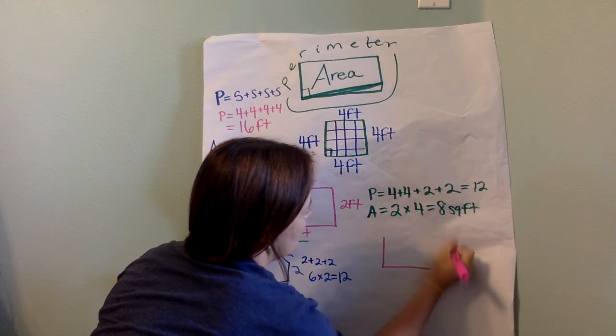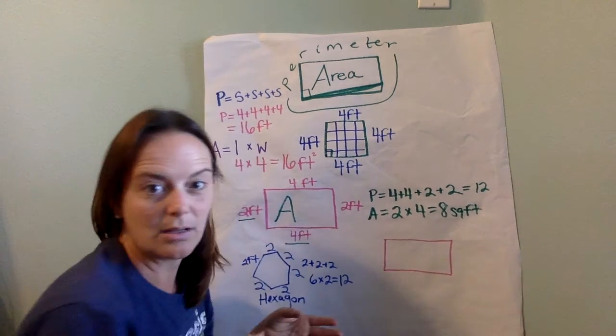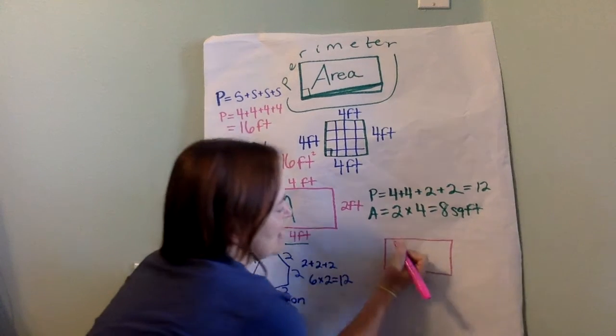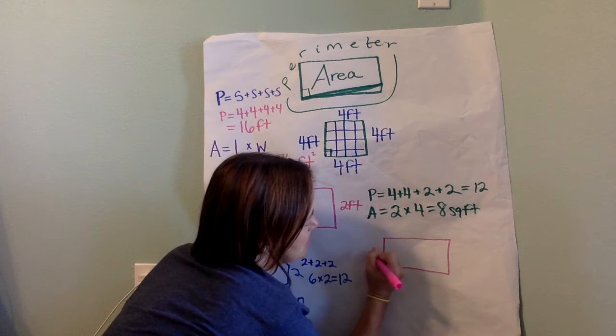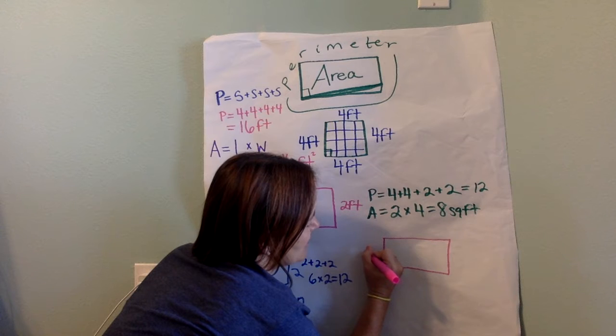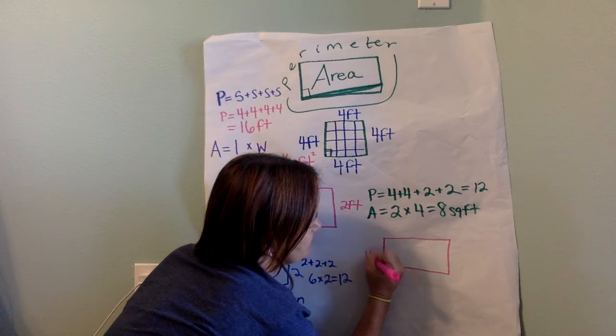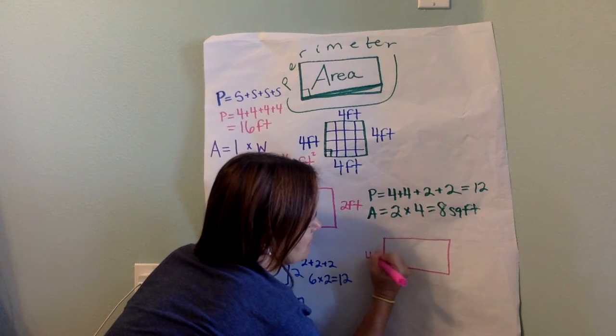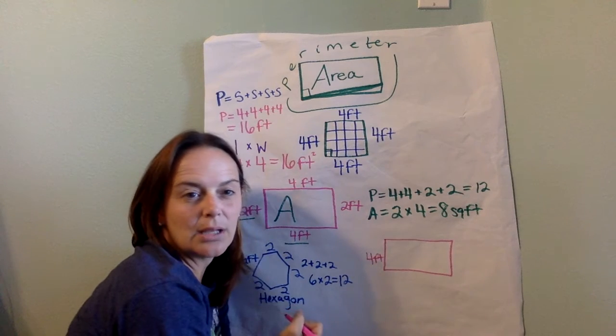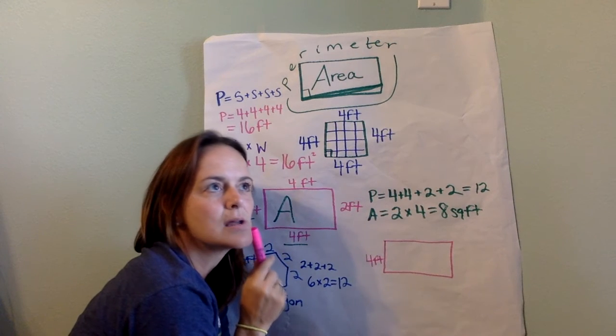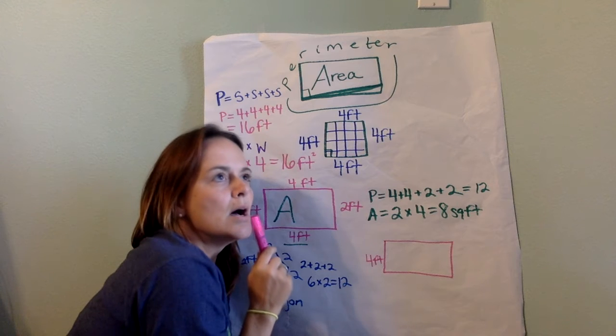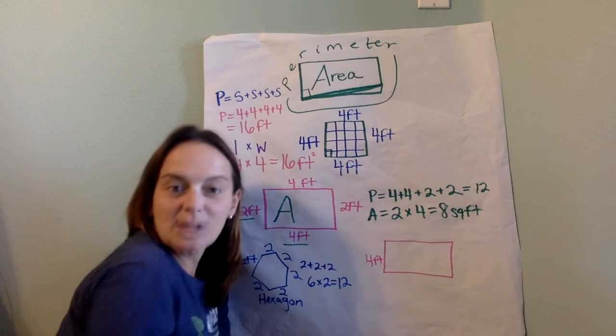I'm going to do a rectangle. Apparently I like pink rectangles, okay? And I'm going to label this side 4 feet. Oh, okay, that's all I'm going to give you right now.